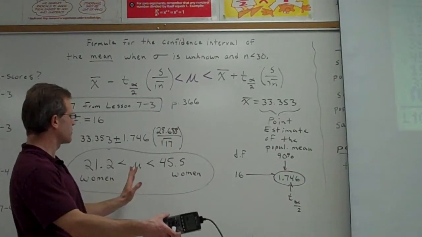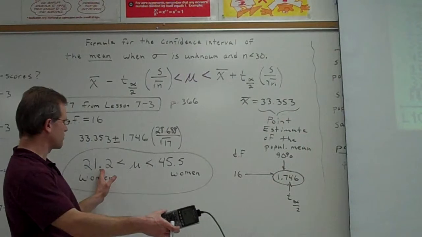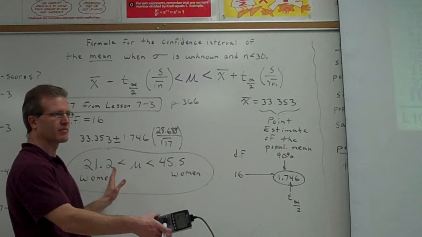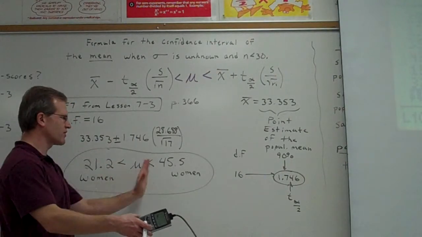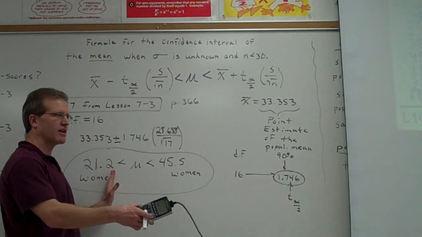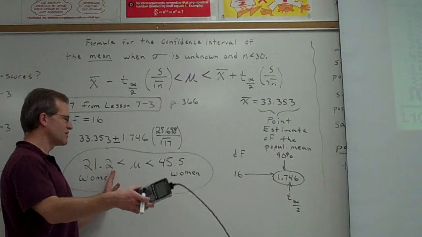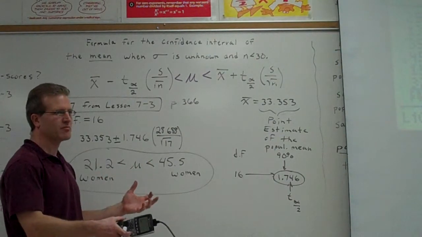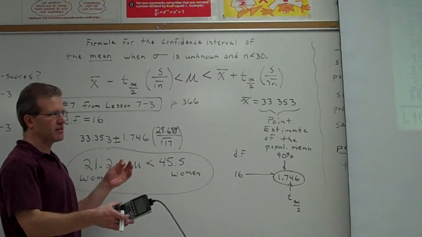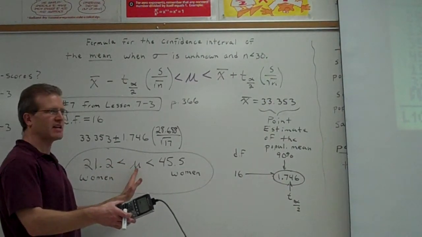In this case it does, because 32 is between 21.2 and 45.5. But realize, every time you go out and pick a different 17 states, you're going to get a different confidence interval. If you did a 99% confidence interval, then the true mean would fall in the interval 99 out of 100 times.